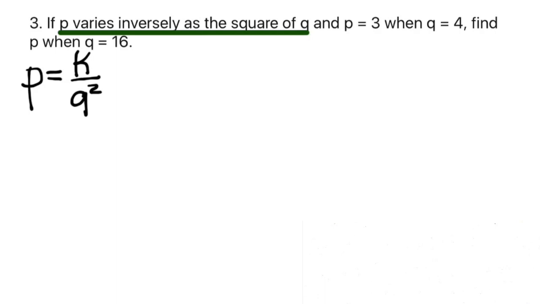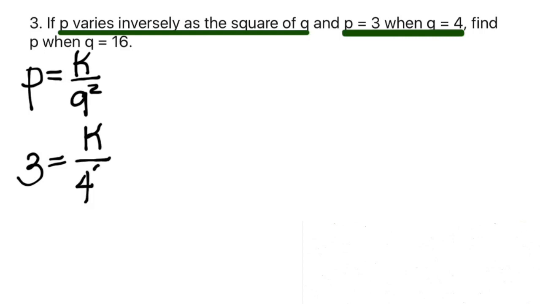And then, substitute ulit natin yung unang given, which is yung 3 and 4. So, yung p, palitan natin ng 3 equals k over yung q, palitan natin ng 4 and then squared. So, before we cross-multiply, square muna natin yung 4. So, 4 squared, so that is 16.